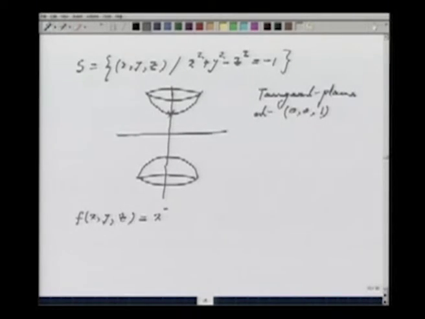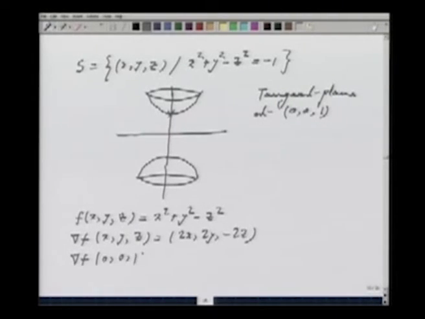This is x squared plus y squared minus z squared. So grad f at x, y, z is 2x, 2y, minus 2z. So grad f at 0, 0, 1 is 0, 0, minus 2.